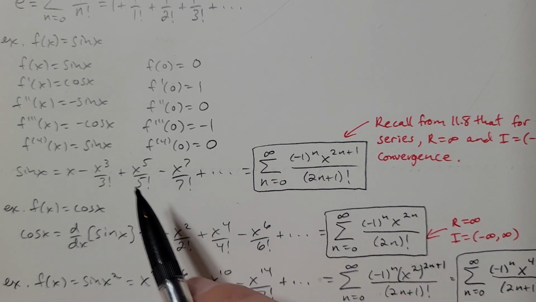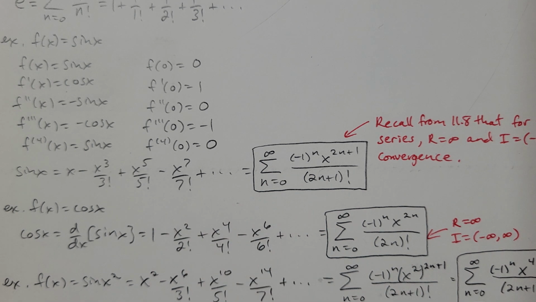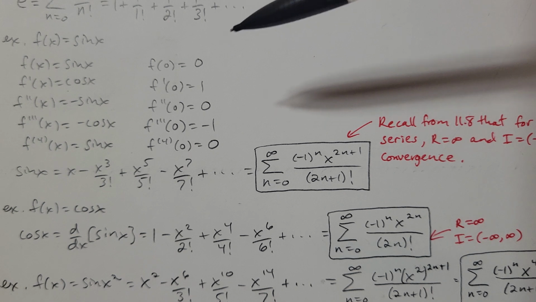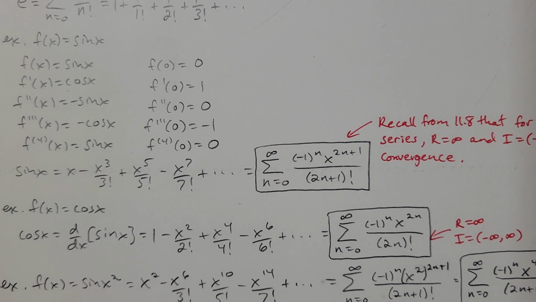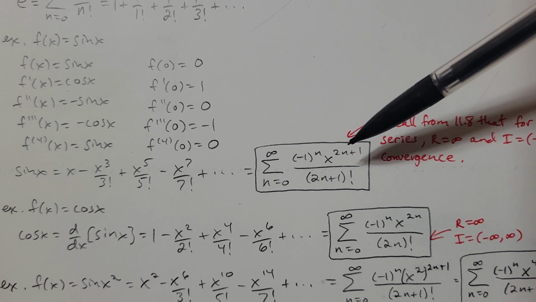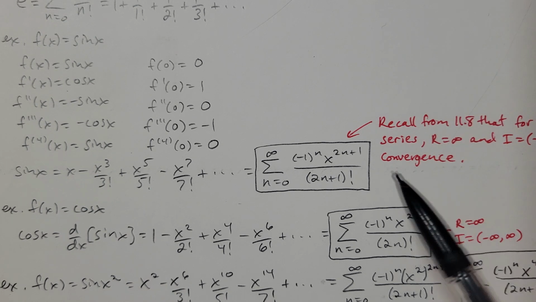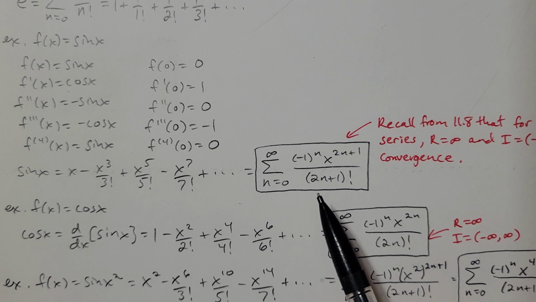If n is 2, the next term is plus. When n is 3, the next term is minus. And then the powers of x are just odd numbers, so I'm going to have x to the 2n plus 1, and whatever that odd power is, I'm dividing by its factorial in the denominator.